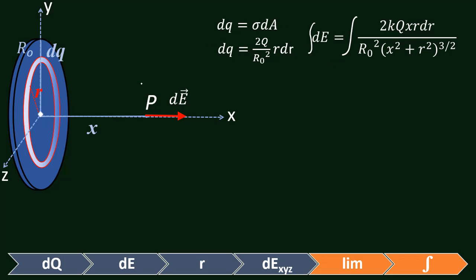We're adding up rings starting all the way from the 0 radius all the way up to this very big ring with radius r0. So our limits go from r equals 0 to r equals r0, the radius of the disk.